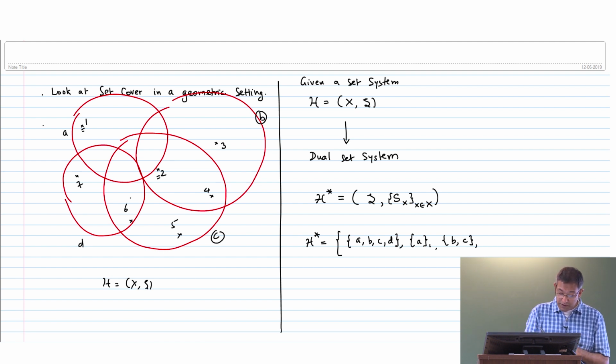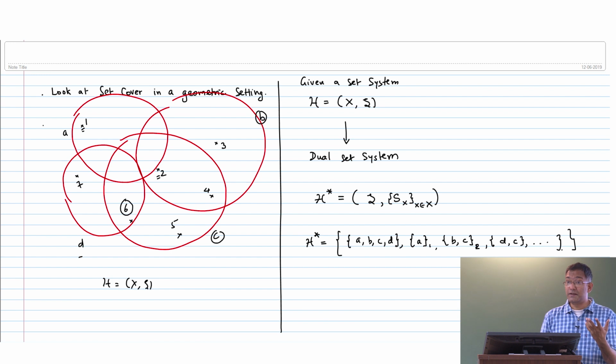Then let's look at something else. 6 is in D and C. So this is the set corresponding to 6, and so on. So this is the dual set system where the sets become points and the points become sets. This is also a set system. Here X is the set of points in the original set system, or the primal set system.